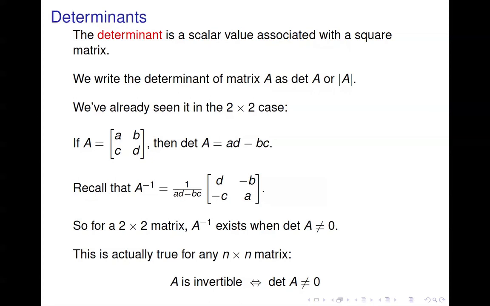If the determinant is not equal to 0, that means the matrix is invertible. And if it's invertible, then the determinant is not equal to 0. So this is another installment in the invertible matrix theorem, which we had from section 2.3.